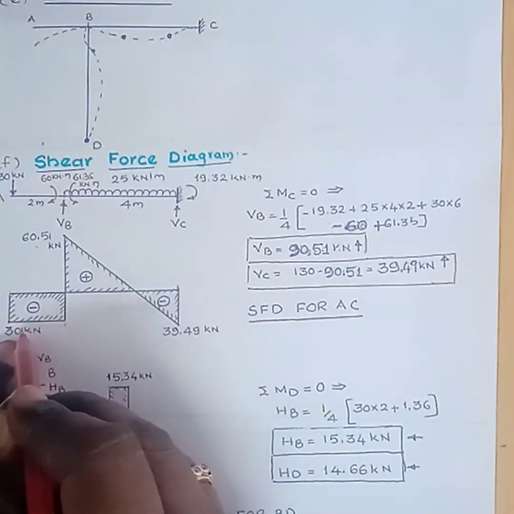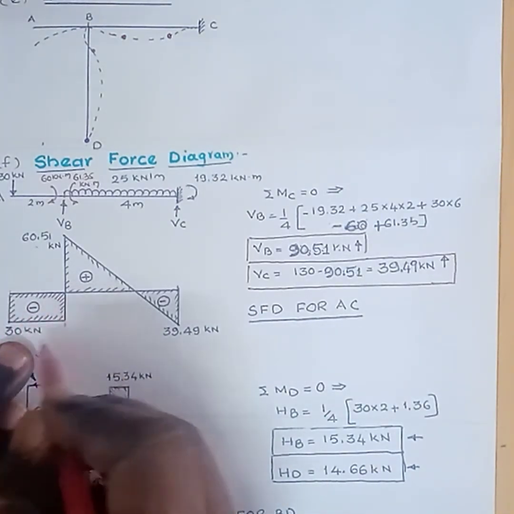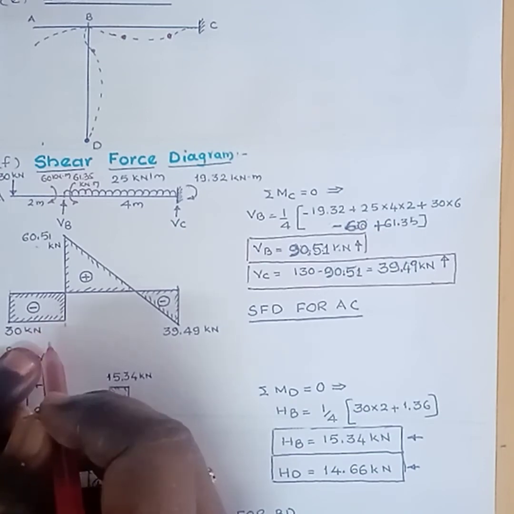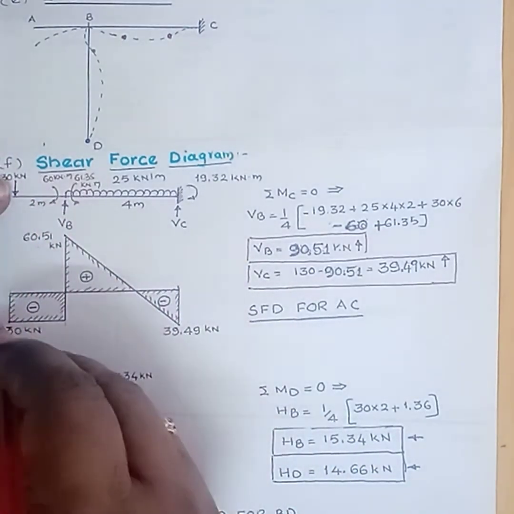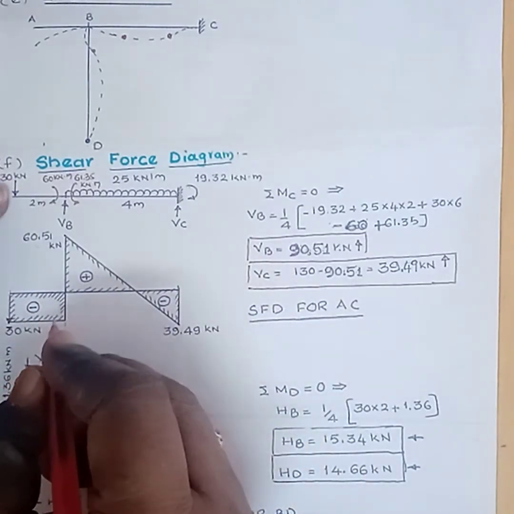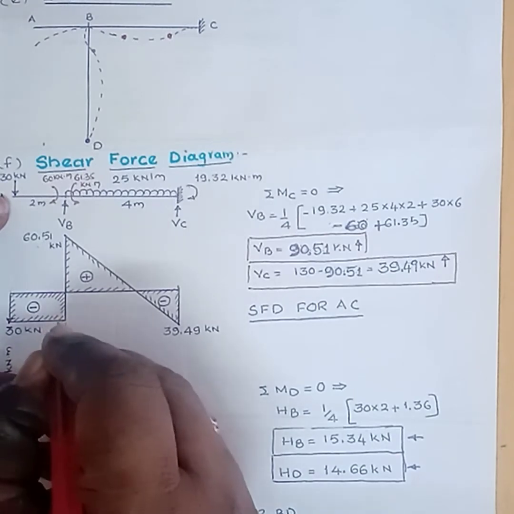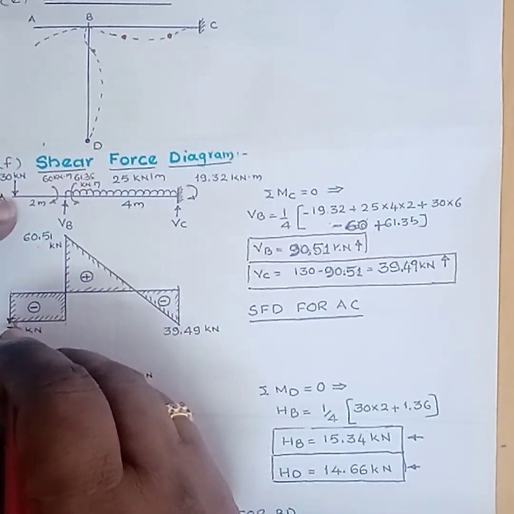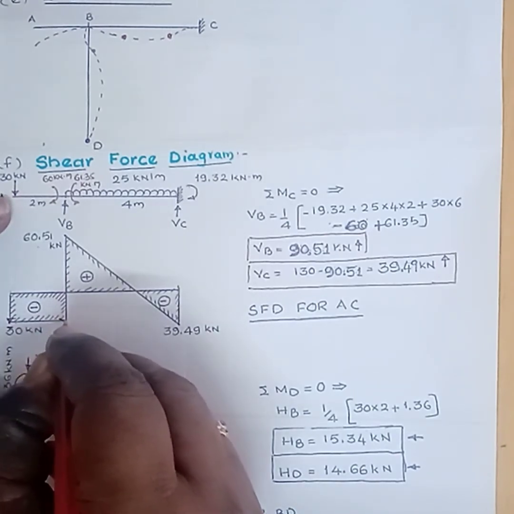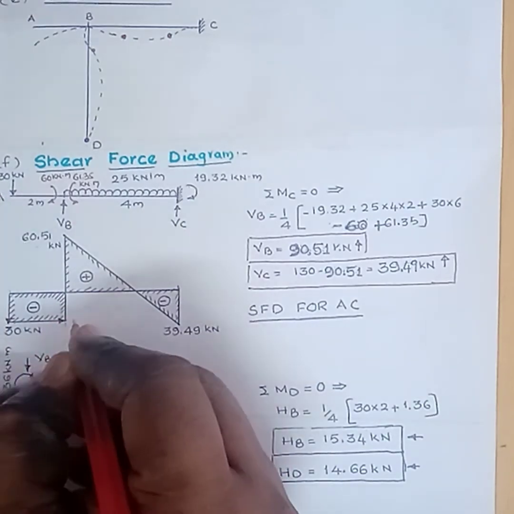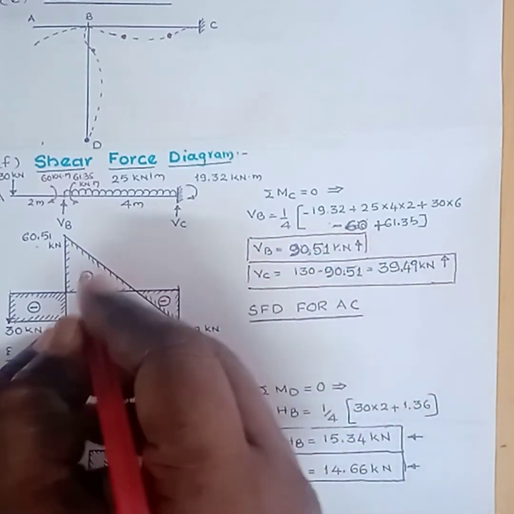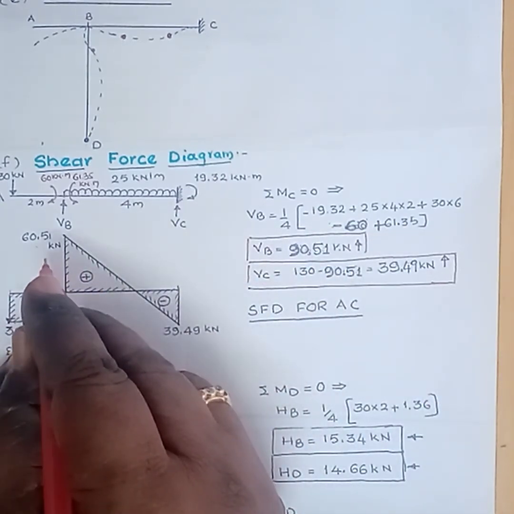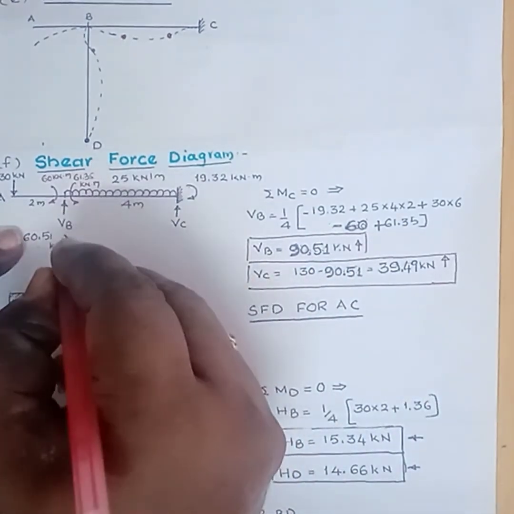For this, separately we can draw the shear force diagram for span A to C. Here this one is downward, this one is negative. As per our sign convention, left downward is negative. Then from A to B, the shear force remains constant, no other loads. At B there is a support reaction, that is 90.51, that is minus 30 plus 90.51, that becomes 60.51.